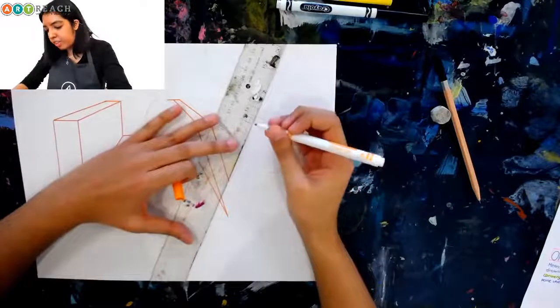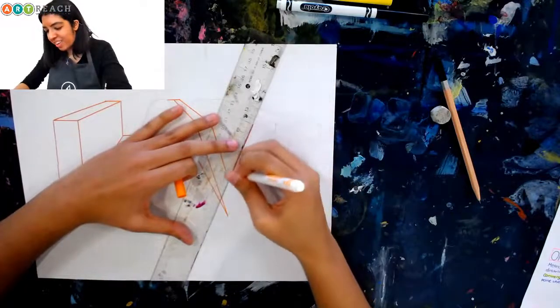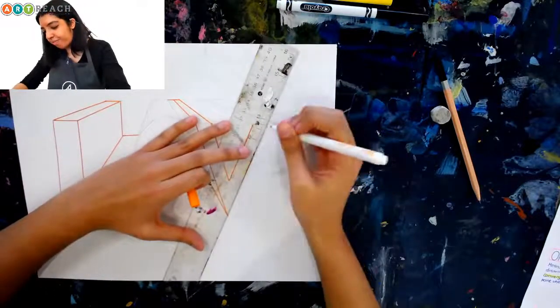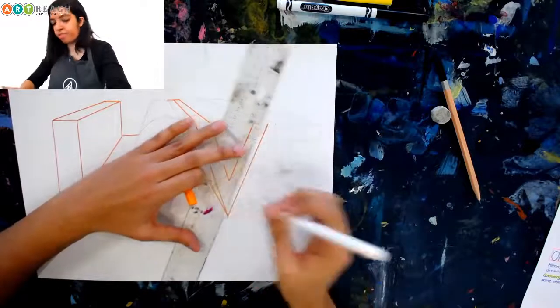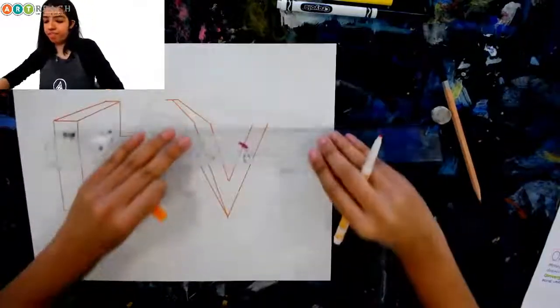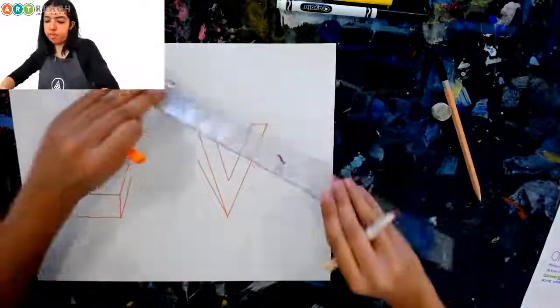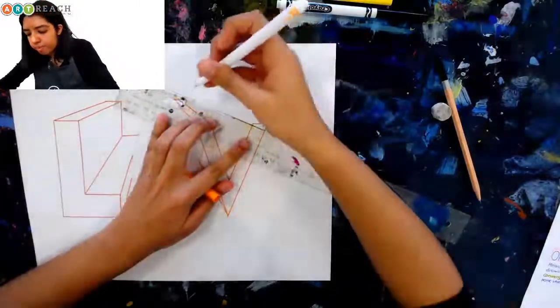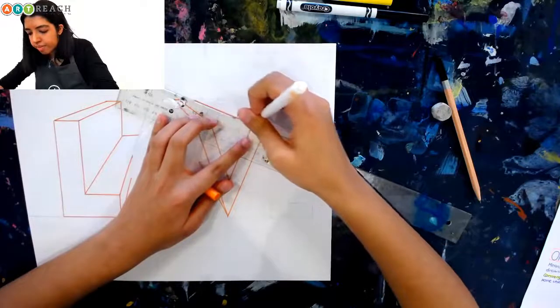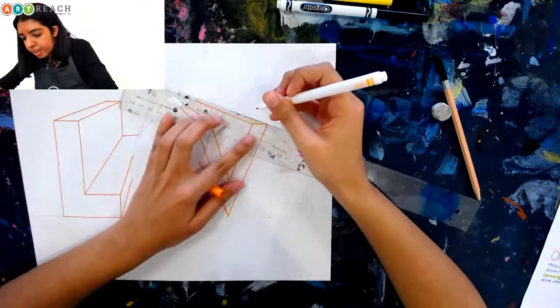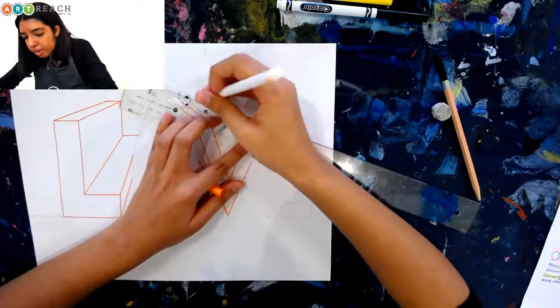Until all my letters are outlined. Right at the top, this line over here. Connecting my top corners.